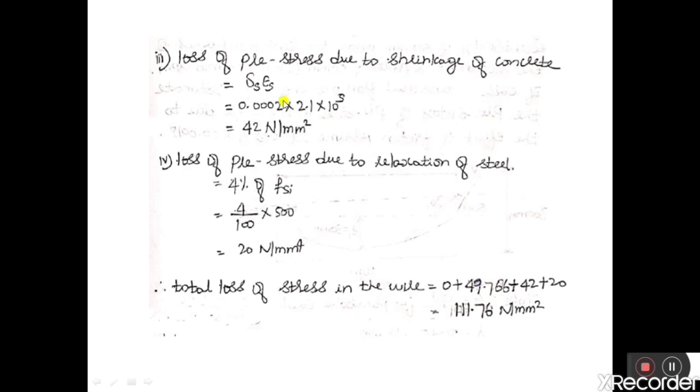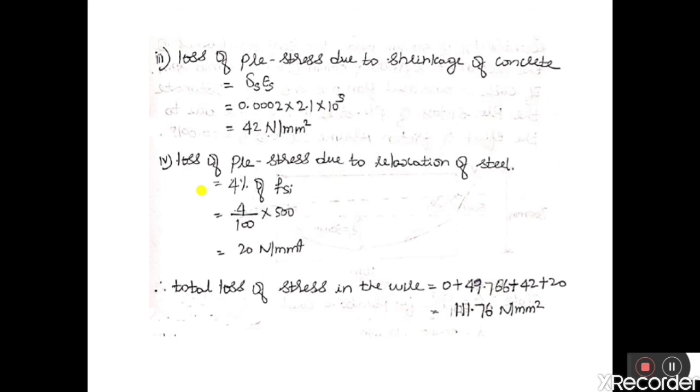Loss due to shrinkage of concrete. We know the formula: epsilon s into Es. The shrinkage coefficient is given in the question, and Es, Young's modulus of steel, is also given in the question. Therefore, loss due to shrinkage is equal to 42 Newton per mm square. Then loss of prestress due to relaxation of steel.